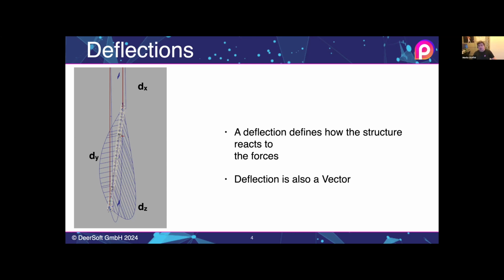All of them are always colored in blue. The first deflection we are seeing is the deflection DZ, which is the deflection happening in relation to the local z-axis of the truss. This is what you see at the bottom right, the big blue line.